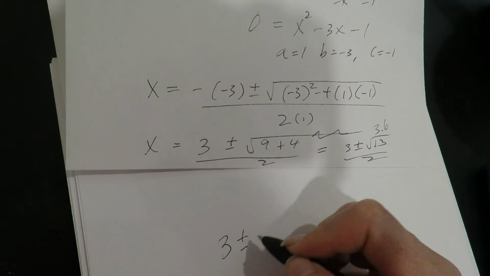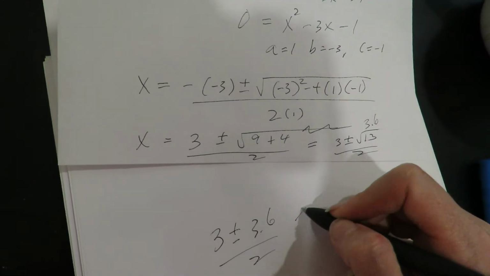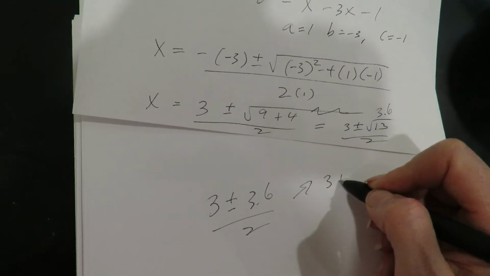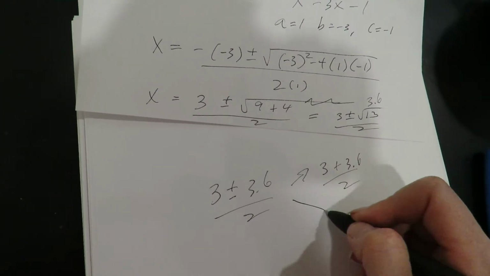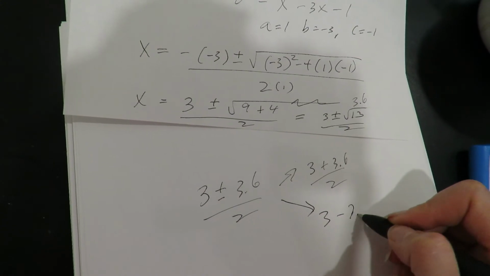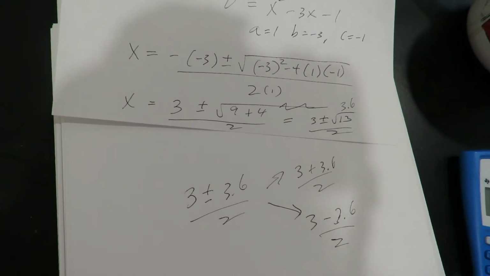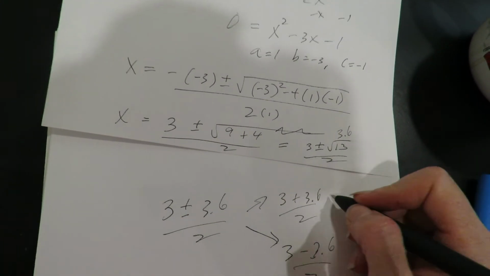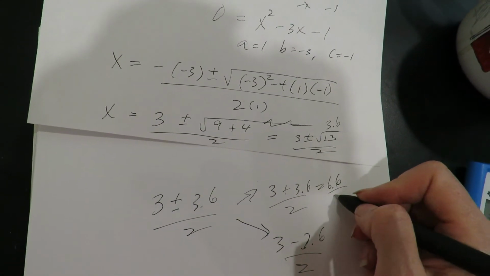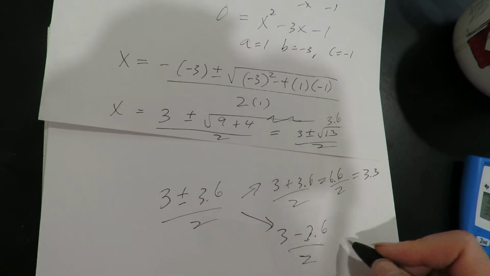So we have 3 plus or minus 3.6 over 2, which means one of them is 3 plus 3.6 over 2, and one of them is 3 minus 3.6 over 2. This is 6.6 over 2, which is 3.3.